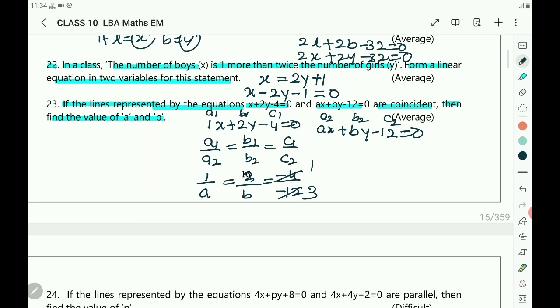Then take 1 by a equals 1 by 3. Therefore you will get a equals 3. Then you take 2 by b equals 1 by 3. You will get b equals 6, since 1 into b is b and 2 into 3 is 6.